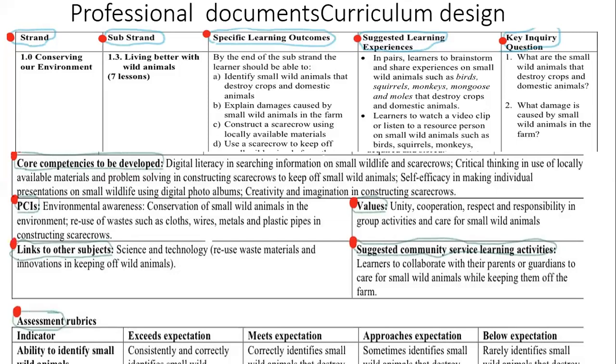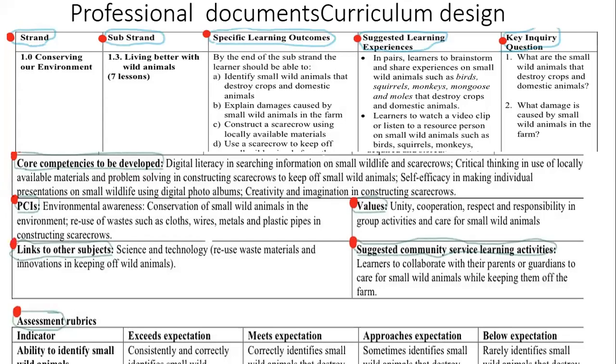So they suggest some of the activities that the children can partake in so that they begin to grow their core competencies. For example, if they're brainstorming, what core competencies come out of there? If they're watching a video clip or listening to a resource person, we can be talking digital literacy competencies here and more, but we'll dwell more on that tomorrow.